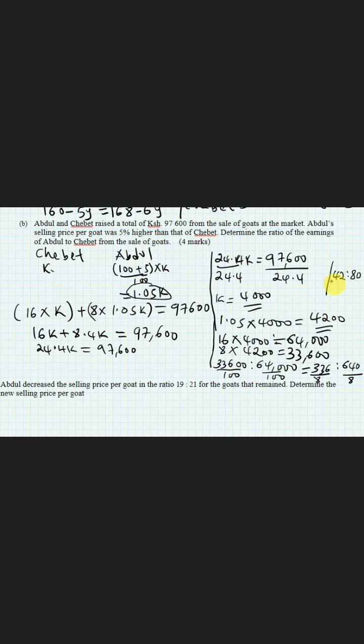Here we can cancel by 2, so that we get 21 is to 40. So this is now the final answer. The ratio is 21 is to 40.